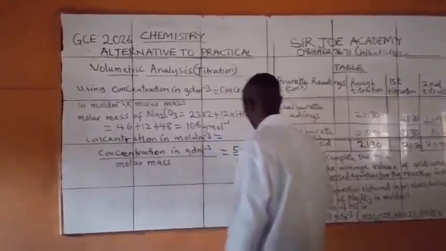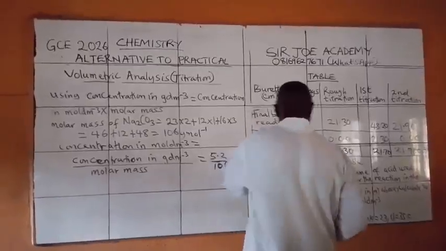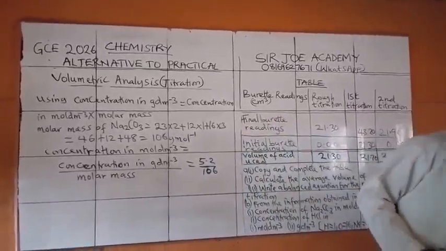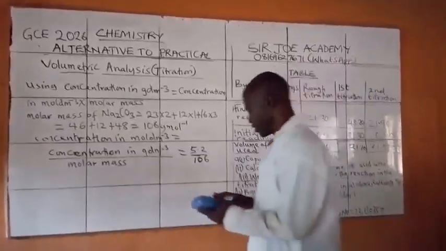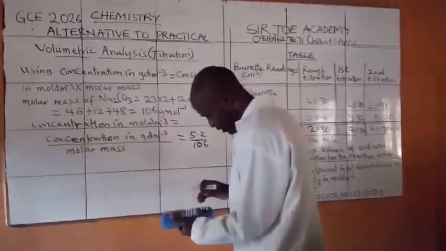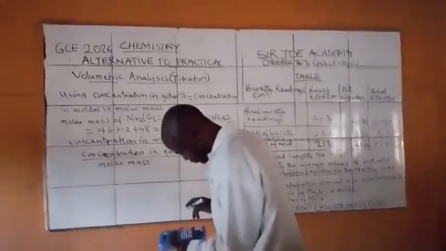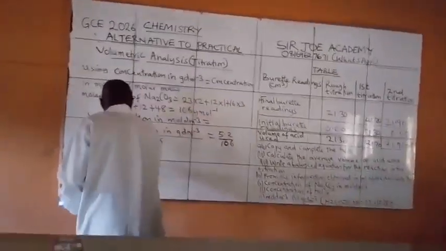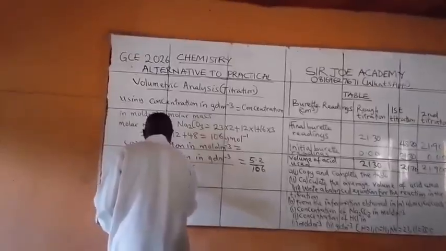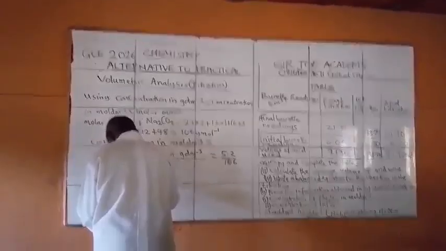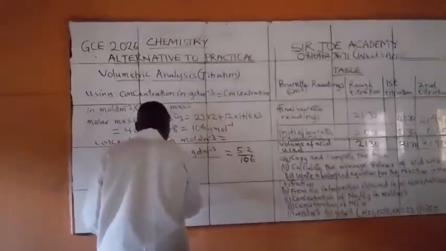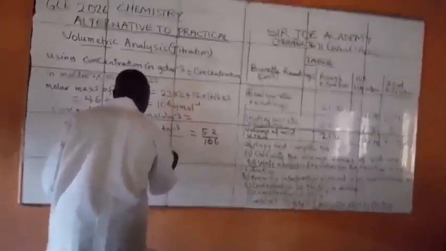So we now divide 5.2 by 106. So we have 0.045491 mole per dm³.